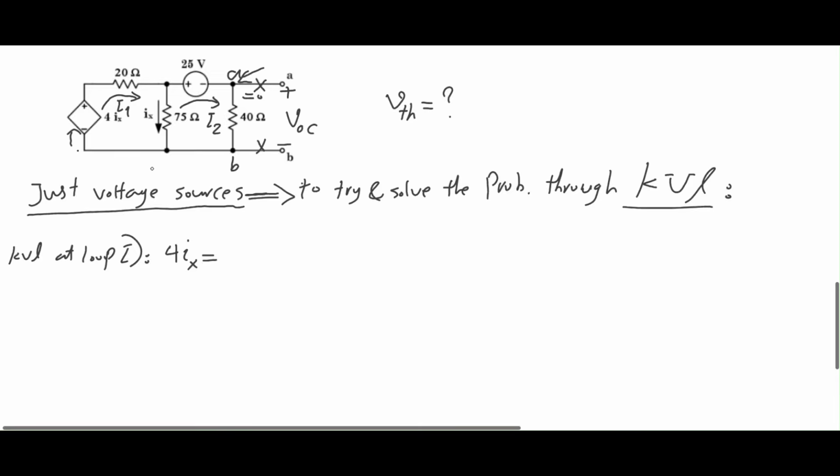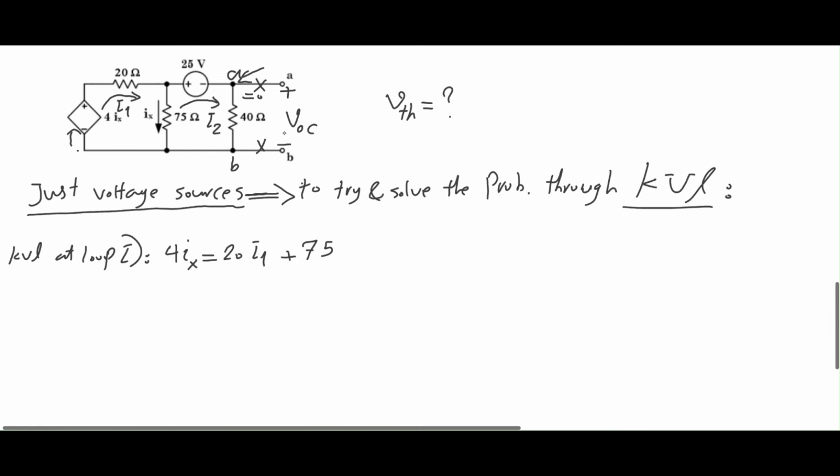So all sources can be put in one side, and all the resistors, or in other words, all the impedances that we're going to find out later, the concept of impedance, can be written in the right side of the equation. 4 times Ix equals 20 times I1 plus 75 times Ix.